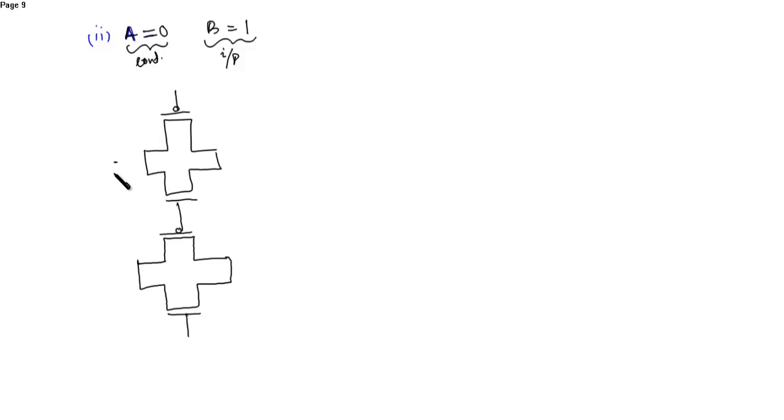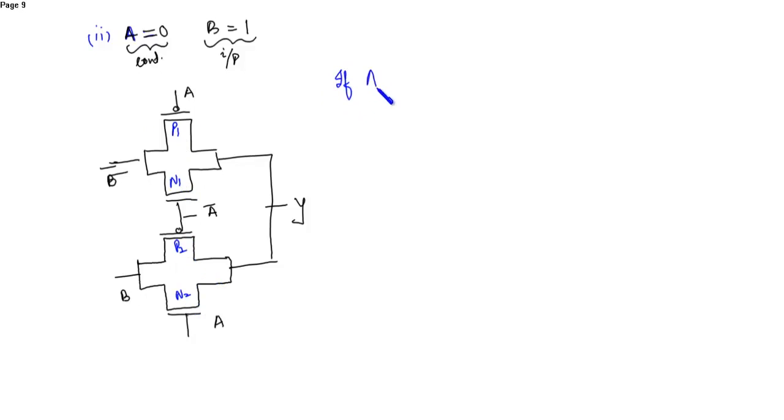Sorry, this input is B bar, and this input is B. Similarly, this is A bar, and this is A. Here is the output Y. So now this is P1, N1, P2, and this is N2.